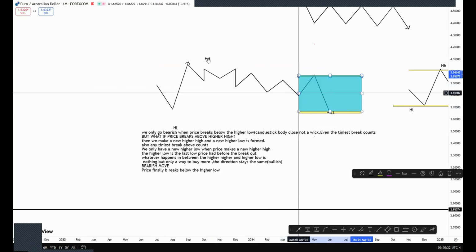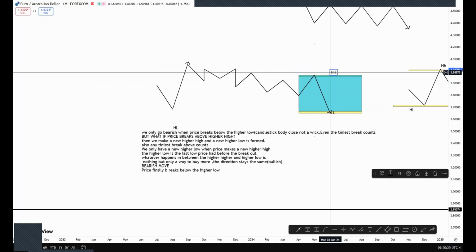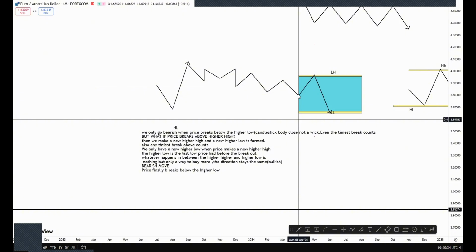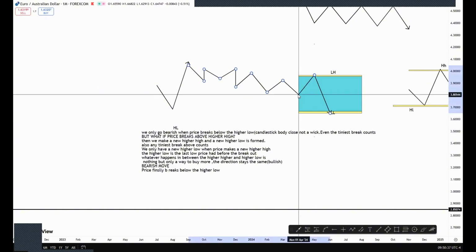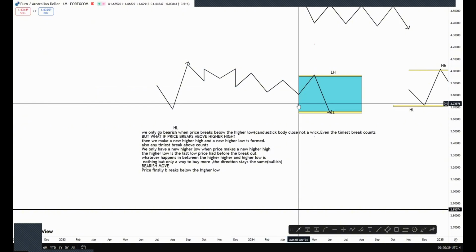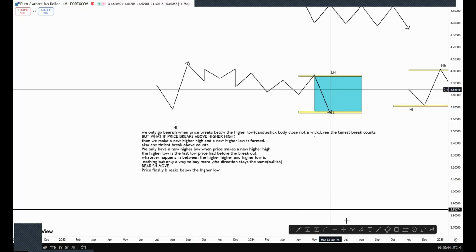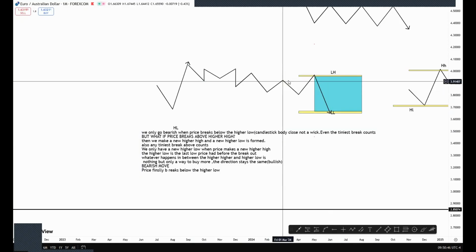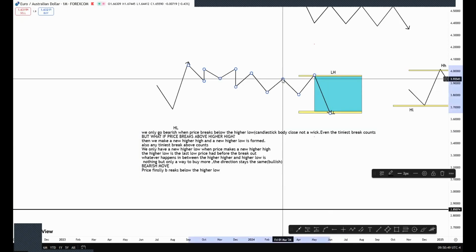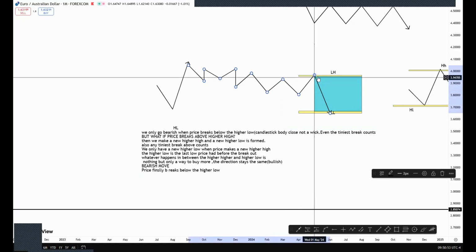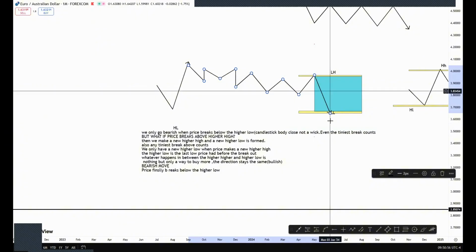This becomes our lower high. This one right there. Okay. So you've noticed I didn't put this as my lower high, this point or that point, or even that point, but my last highest point before we had the break.